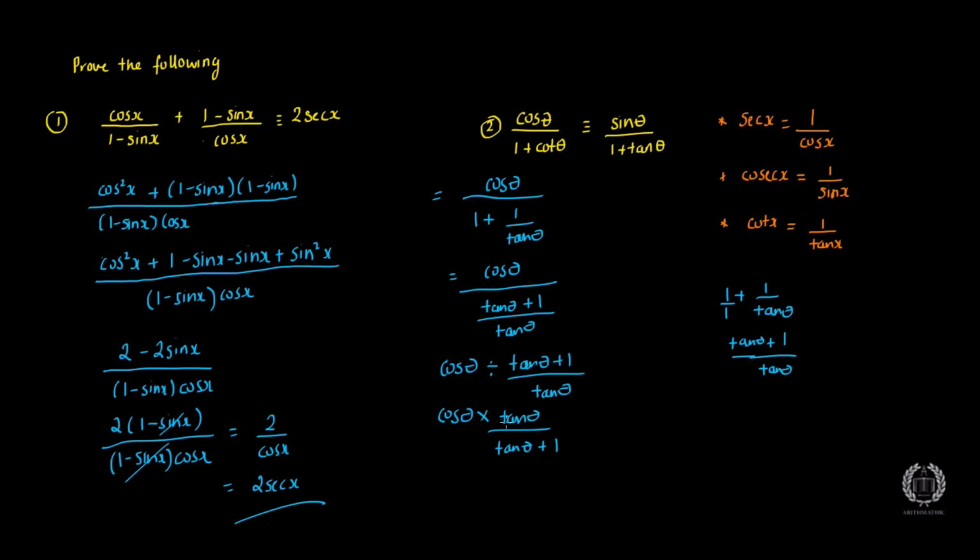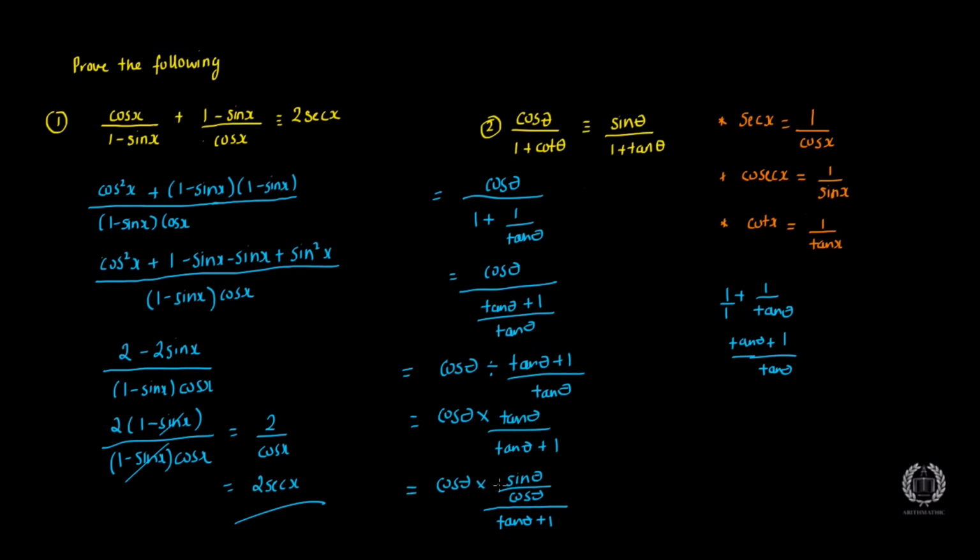Okay, now what we can do here is convert this tan theta, because we know what tan theta is, which is sine theta over cos theta, the identity, right? Plus over tan theta plus 1, right? So I'm just converting that tan theta.